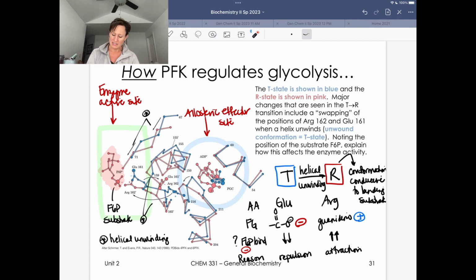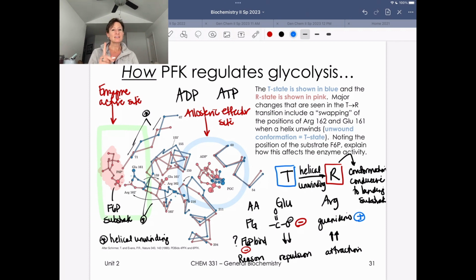The last little piece here I want to map on is what happens with this allosteric effector site. Two things that we can see here is either ADP or ATP binding in this enzyme active site, or I'm sorry, this allosteric effector site.